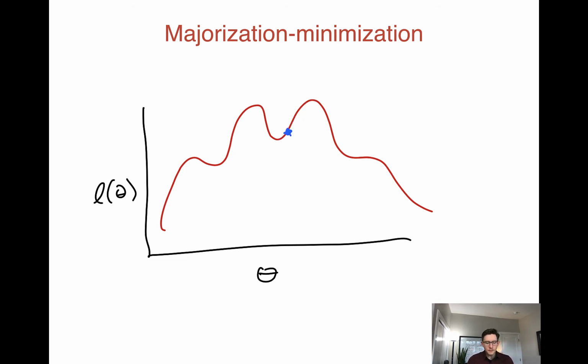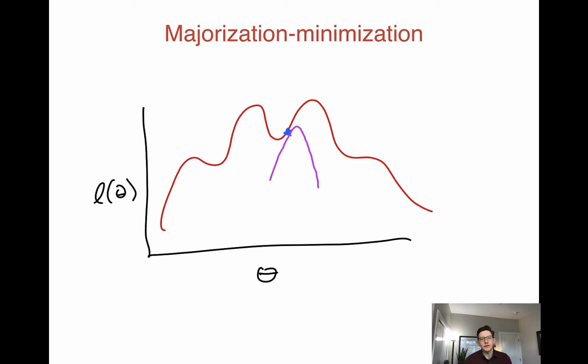Similarly, Newton's method, or more generally second order methods that we didn't talk about, define a second order approximation to the function and then optimize that. We're going to define instead a lower bound to the function, which might look something like this.